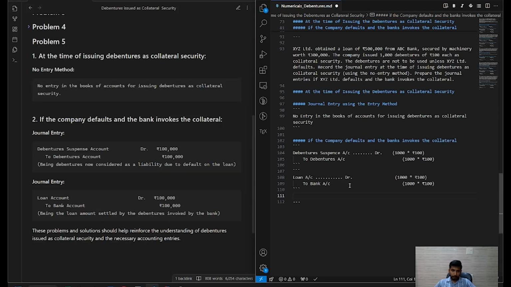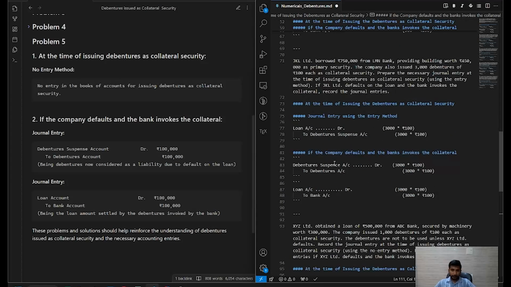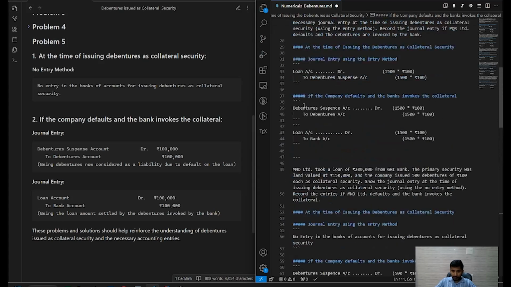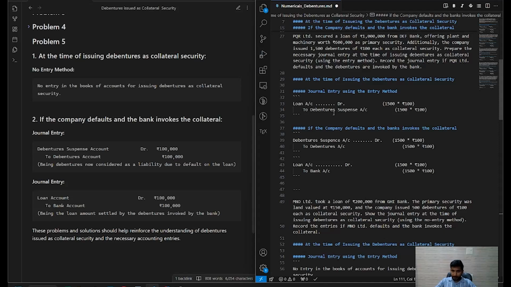So basically, you only have to follow three entries. If they are talking about the entry method, then you will do this: loan to debenture suspense, debenture suspense to debentures, and then loan to bank. So basically, the resultant entry is that debenture suspense will get cancelled out, leaving loan to debentures and loan to bank.